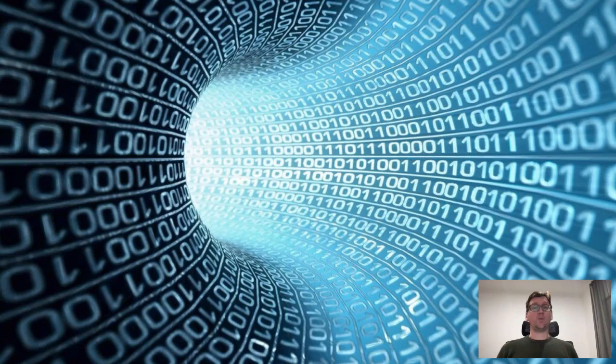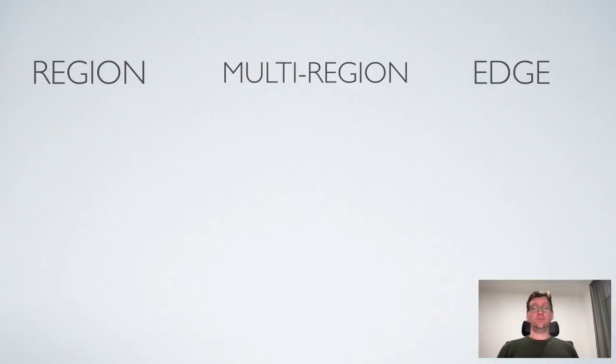So let's talk about data. What patterns can we see there? And it starts out pretty similar. We've got relational databases, SQL, which leads to things like MySQL and other databases, and things like RDS, a managed service.